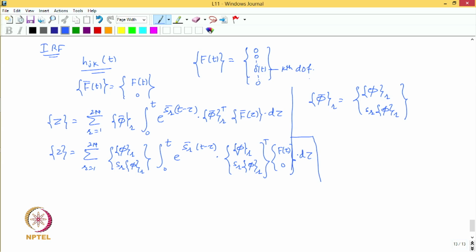So, now if you also represent the z by the coordinates x of t and x dot of t, that is the displacement coordinate and velocity coordinate.